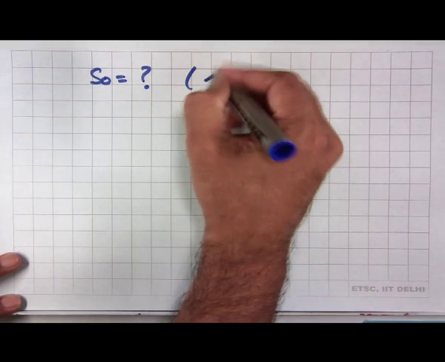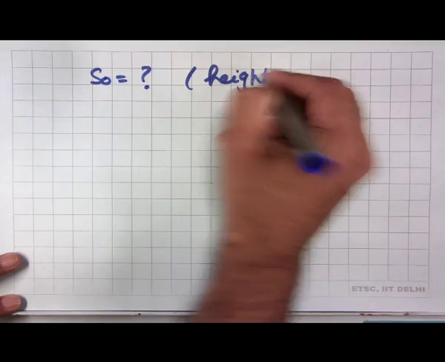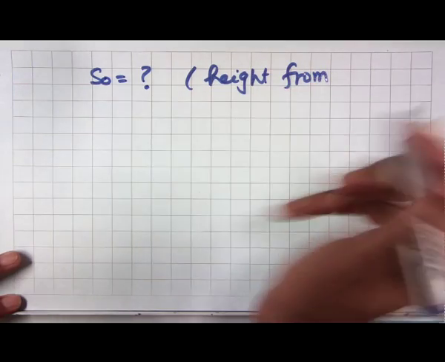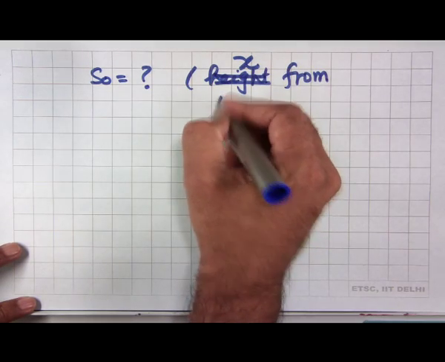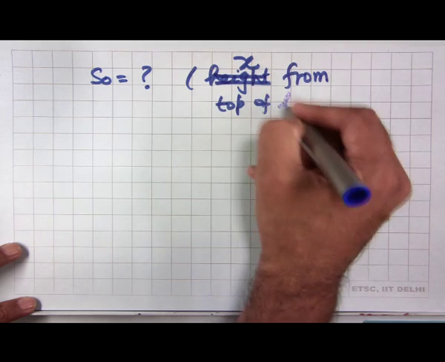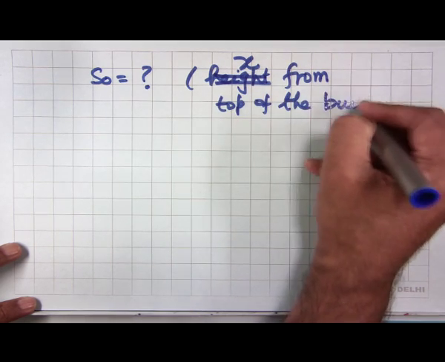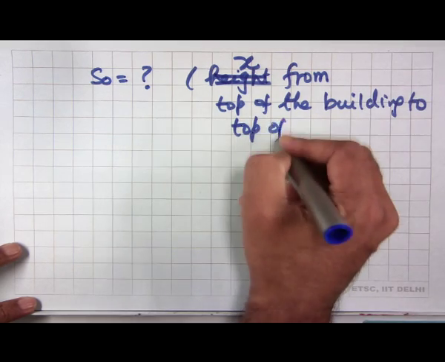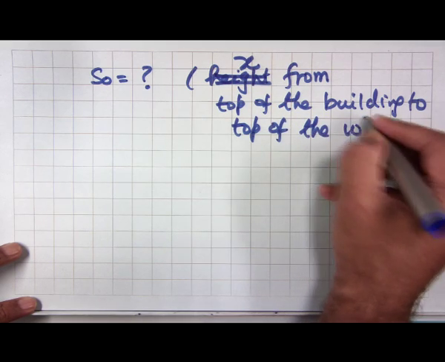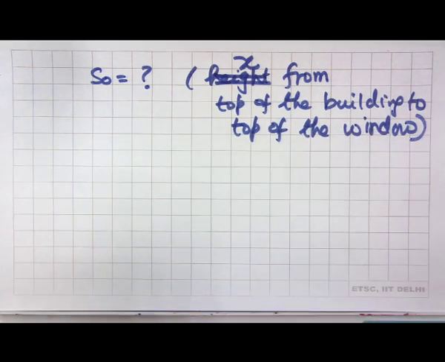This is the height or the distance from, I should rather replace height by x, from top of the building to top of the window.